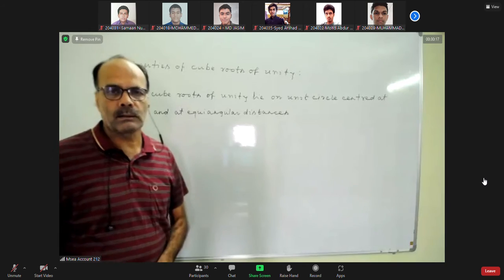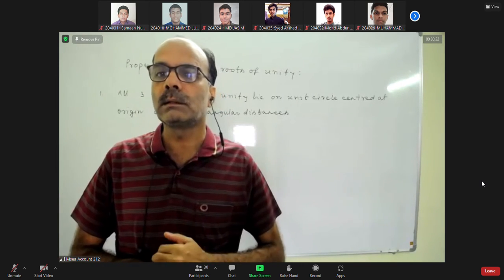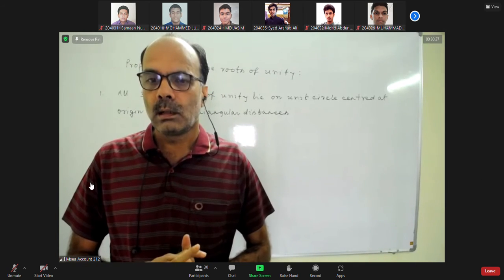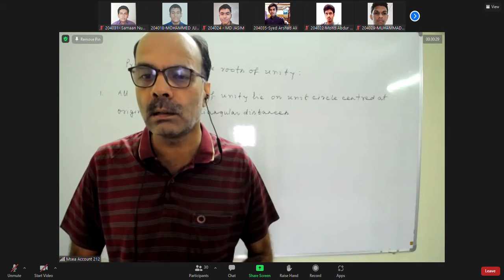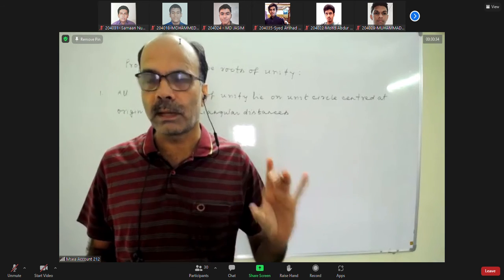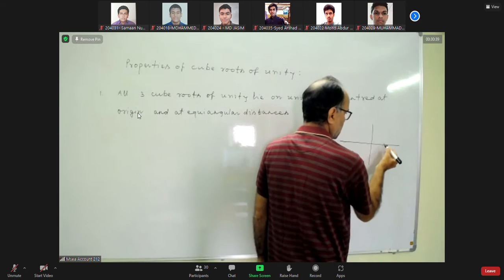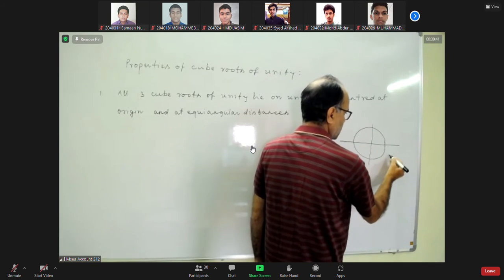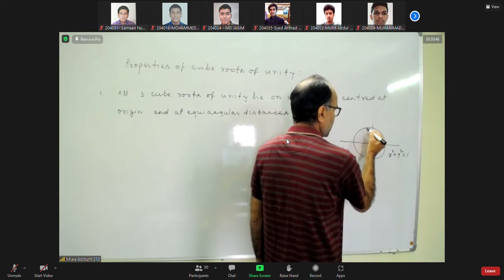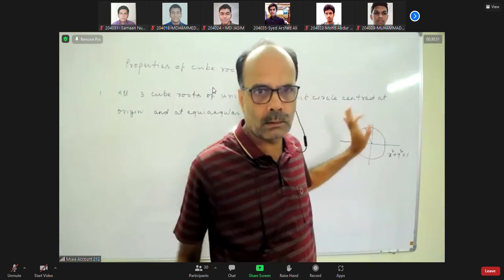Now, unit circle means x square plus y square equal to 1, radius 1, center at origin. Any complex number with magnitude 1 will definitely lie on the circle, because this much length is 1.